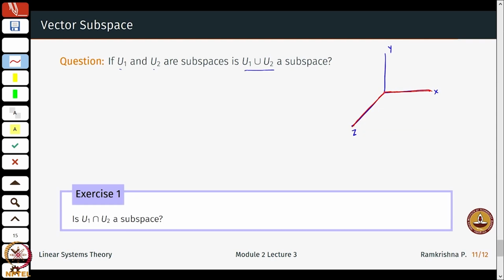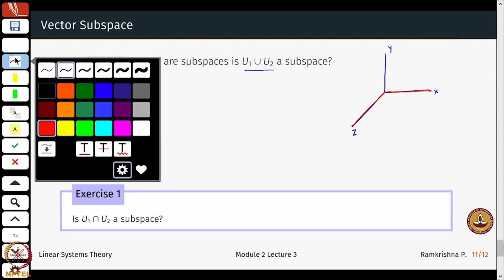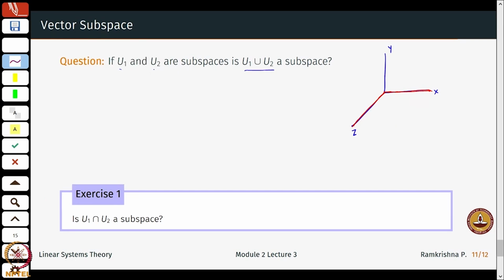Let me take a vector, maybe use a different color. Assuming this is visible. If I take a vector here and a vector here, this is somewhere here, right? So this vector comes from, let me call this U1 and let me call this U2, and the union is just these two straight lines.